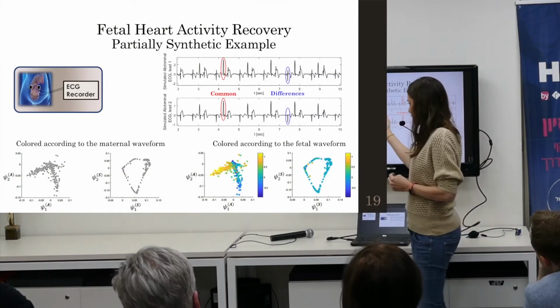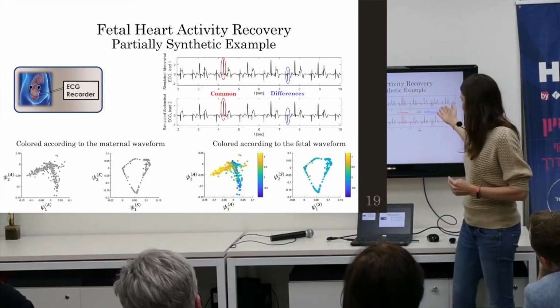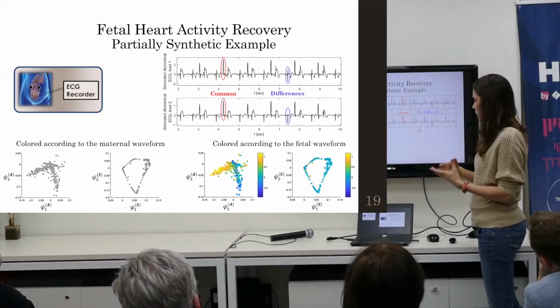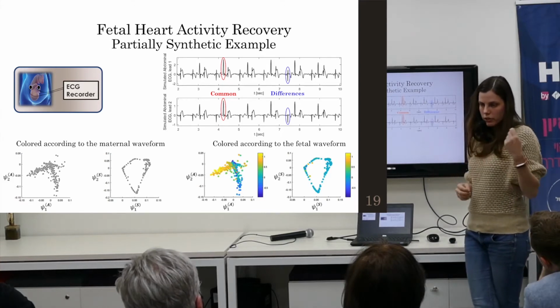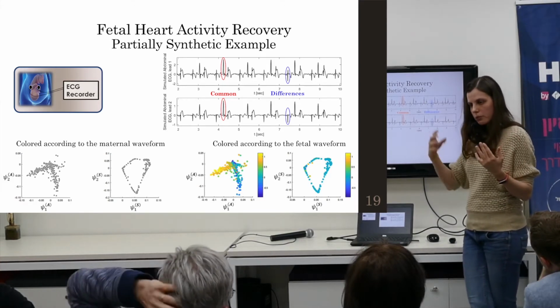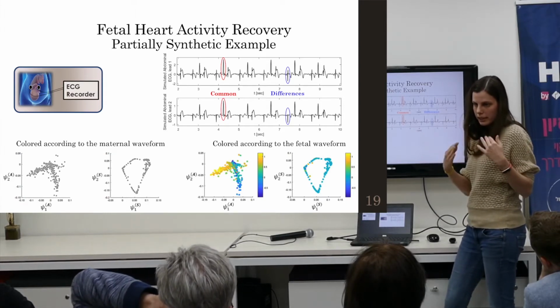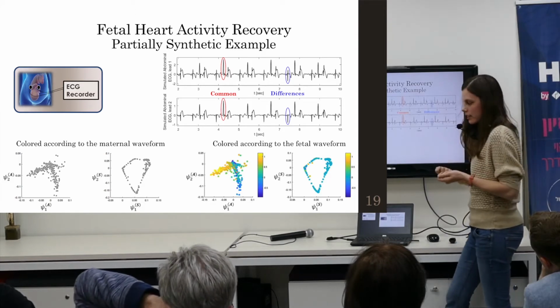Okay, so back to the more interesting example. We went back to the fetal ECG example, and we started with a partially synthetic example. What this means is that we took three real ECG segments, one from one person and two others from a different person, that were captured from different electrodes, meaning that they have a correspondence, but they see different views of his heart rate.